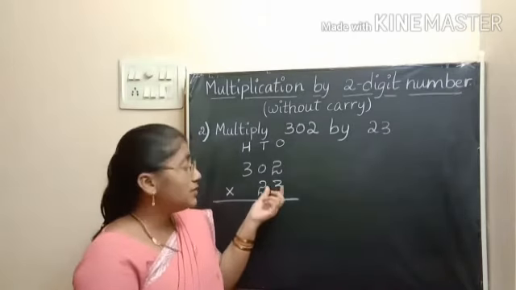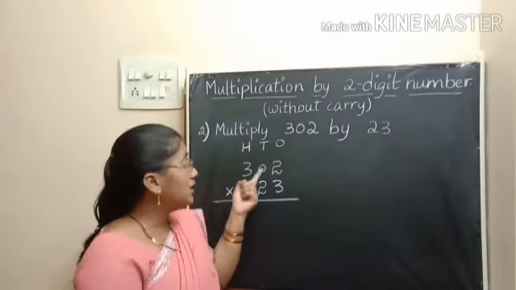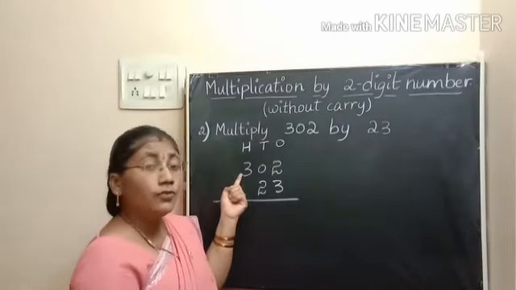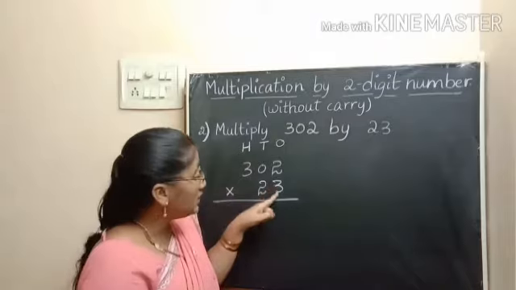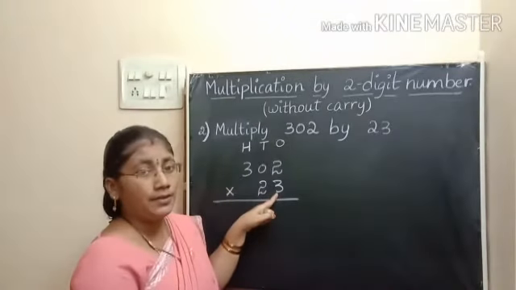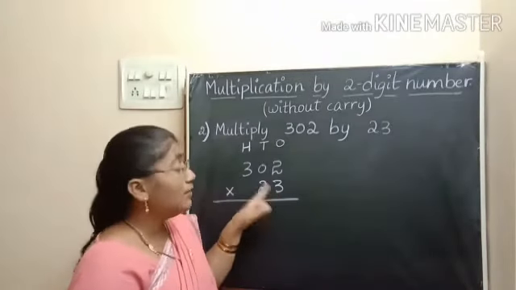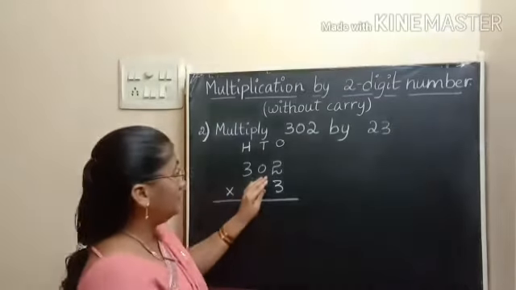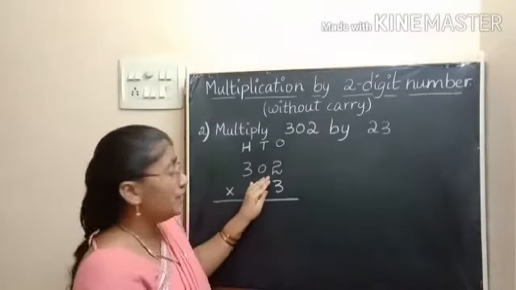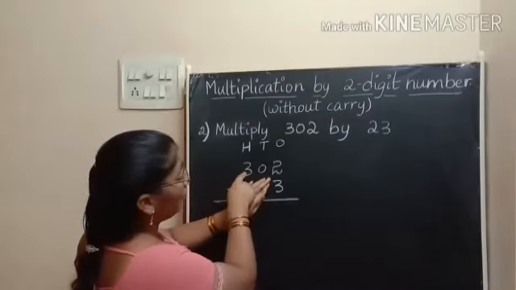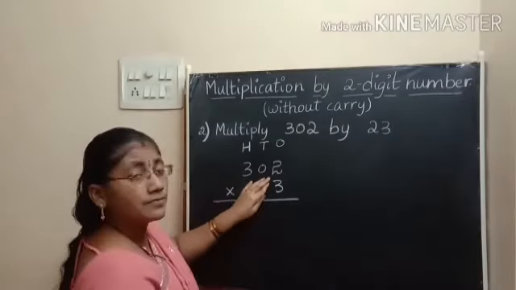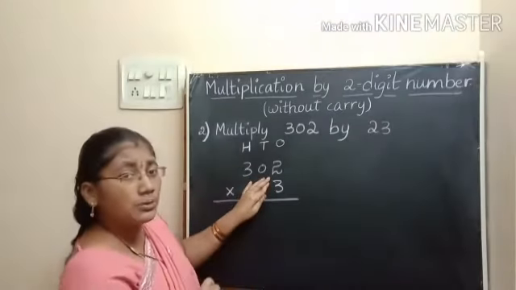First we multiply each digit of the multiplicand with the digit in the ones place of the multiplier. Then just ignore the 2. Just take the multiplication of 302 and 3.